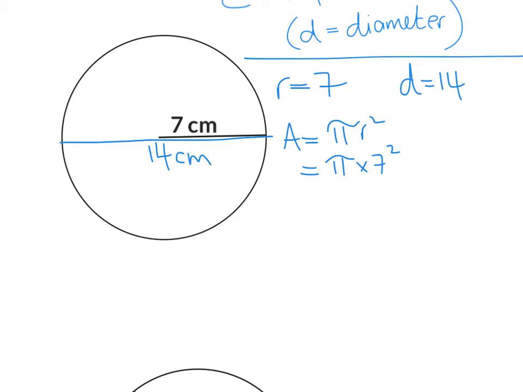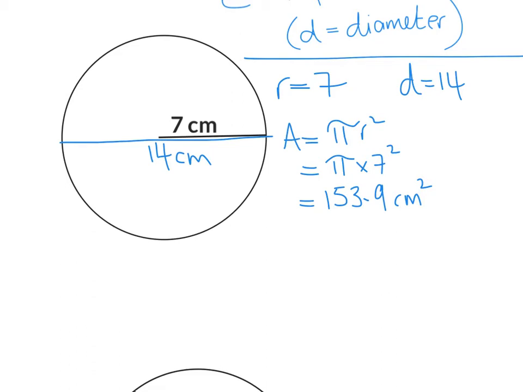And that answer is 153.9 centimeters squared. Now my calculator, whenever I hit equals, just said 49 pi. If it says that on your calculator, hit the little SD button, it's above delete, and that'll change it into just a normal number for you.